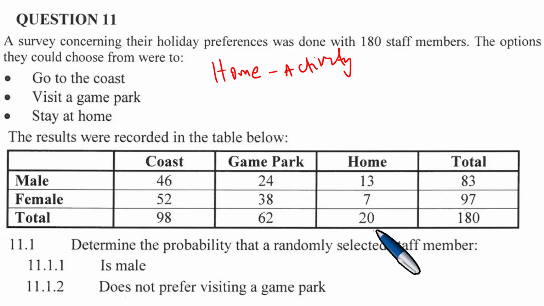Home 13, 7, 20. You can see the 13 plus 7 is 20. These things must add up. Now determine the probability that a randomly selected staff member is male. And number 2, does not prefer visiting a game park. This is your home activity. You're going to do it during your own leisure. We can always chat about these next time.